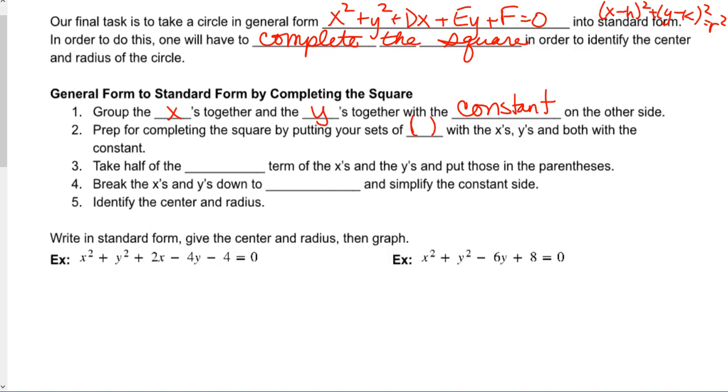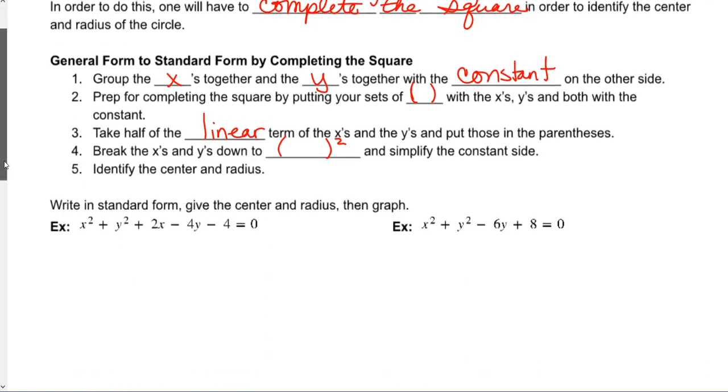And I'll illustrate that in just a second. Now, we're going to take half of the linear terms of the x's and the y's and put those in the parentheses. We're going to break the x's and y's down to our quantity squares, simplify the constant side, then we get to identify our center and radius.